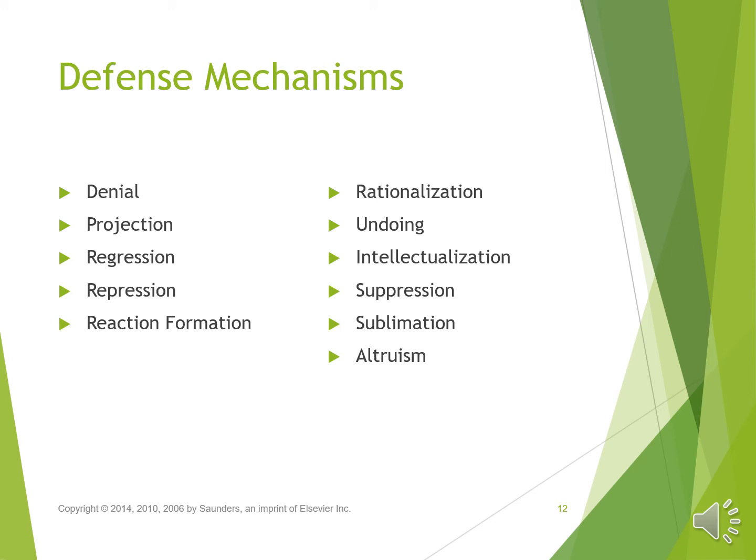That is voluntarily blocking unpleasant feelings. In repression, we said it is involuntarily blocking. Here, we are voluntarily blocking unpleasant feelings and experiences from one's awareness. For example, my boyfriend is cheating on me. I don't want to think about it. Okay?